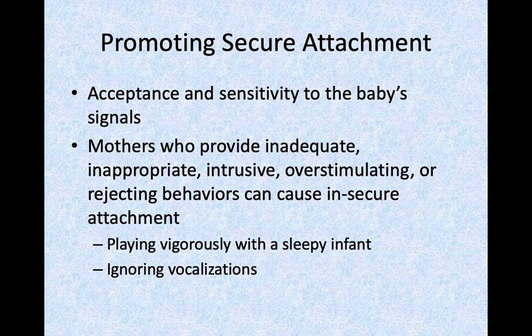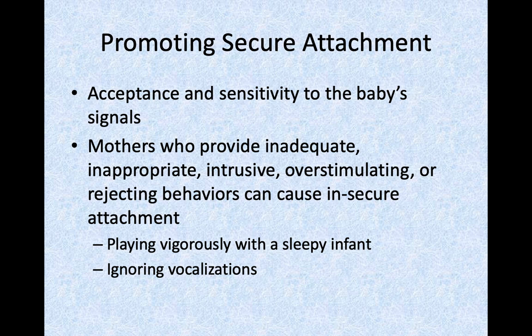Okay. So a lot of parents ask how they can promote secure attachment with their child. Generally speaking, secure attachment happens normally, but some parents can disrupt it through poor behavior. Typically if the parent is accepting and sensitive to the child's signals, everything's going to be fine. But some moms or caregivers who provide inadequate, inappropriate, intrusive, overstimulating, or rejecting behaviors can cause insecure attachment over time.